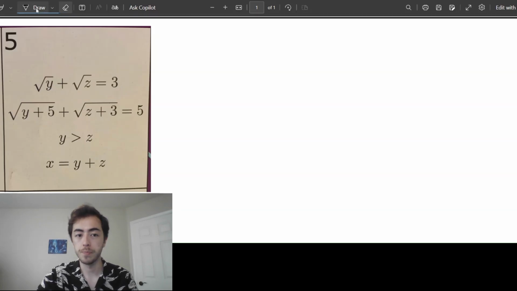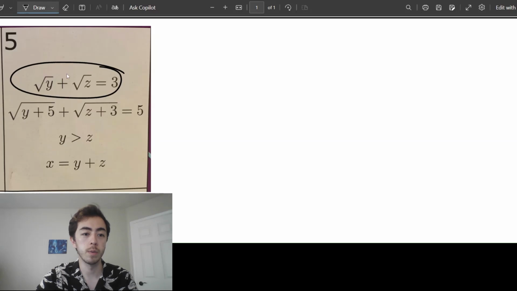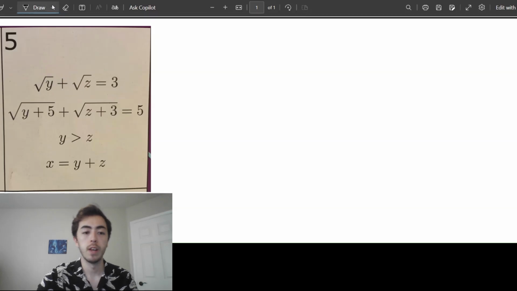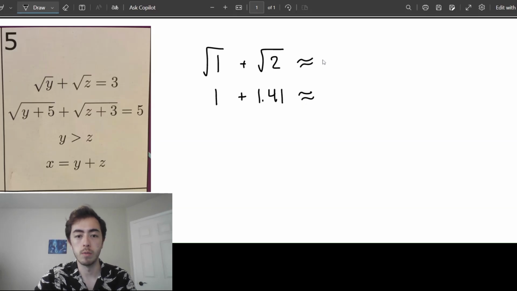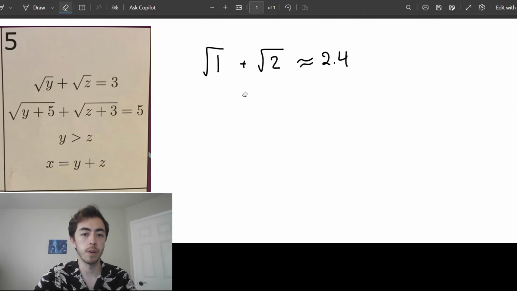So right here, I see that we're taking y and z, square rooting both values, adding both of those square roots, and we're going to get the number 3. And this tells me that y and z are fairly small. Like if I tried root 1 plus root 2, well, the square root of 1 is exactly 1, and the square root of 2 is about 1.41. So root 1 plus root 2 gives about 2.4, which is fairly close to 3.